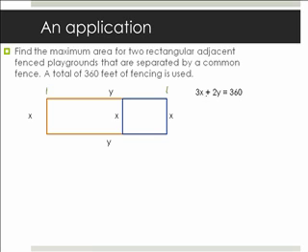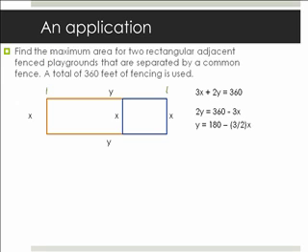I'm going to take this equation and solve it for y, by subtracting 3x from both sides, and then dividing by 2. 360 divided by 2 is 180, and 3 divided by 2, I just kept as 3/2. So I get y is equal to 180 minus 3/2 x.